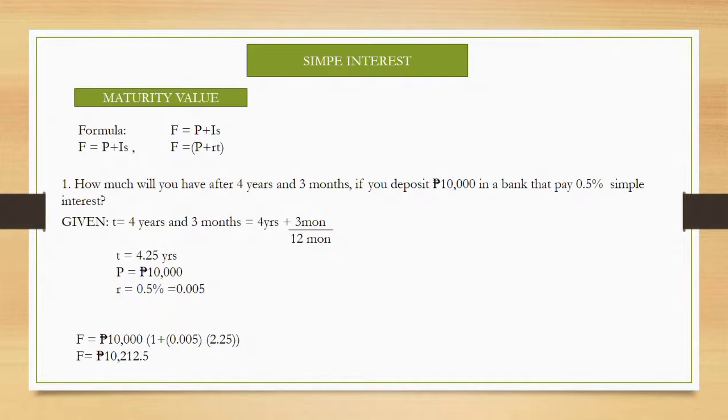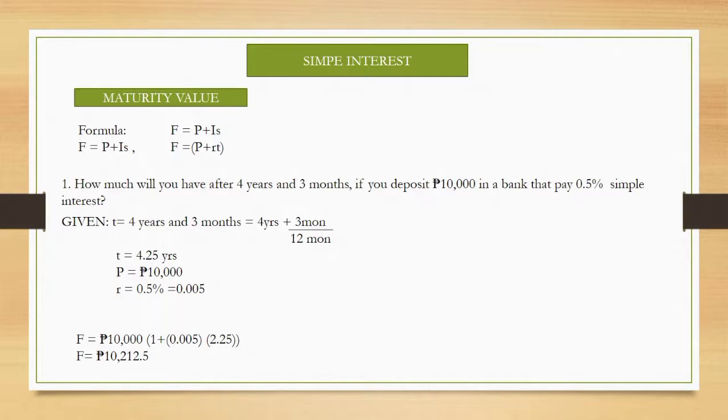So the given is T, or the time or term, equals 4 years and 3 months. In order to get this, we convert the months into a year. 3 months divided by 12 months is equals to 0.25. So T is equals to 4.25 years, while the principal is 10,000 pesos, and the rate is 0.5%.